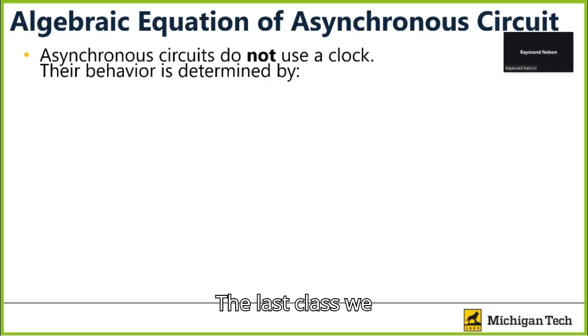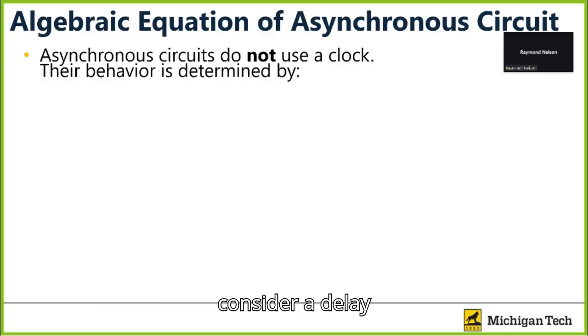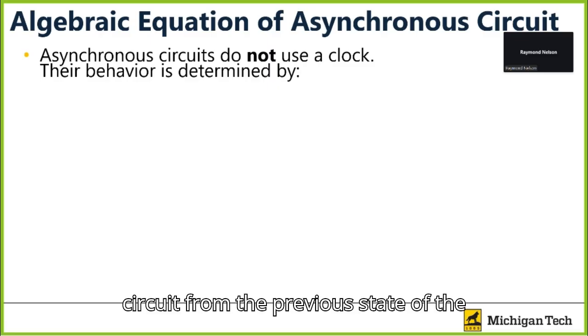So last class we mentioned that to study asynchronous circuits, we always consider a delay delta, and we separate the output of the circuit from the previous state of the circuit.